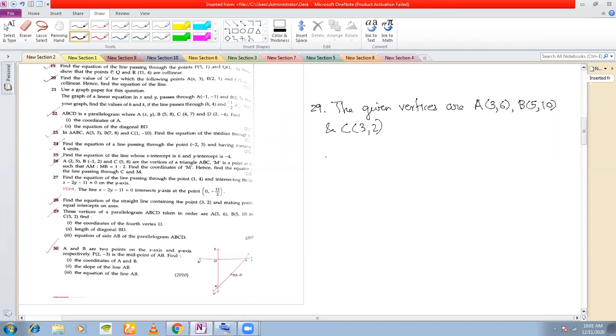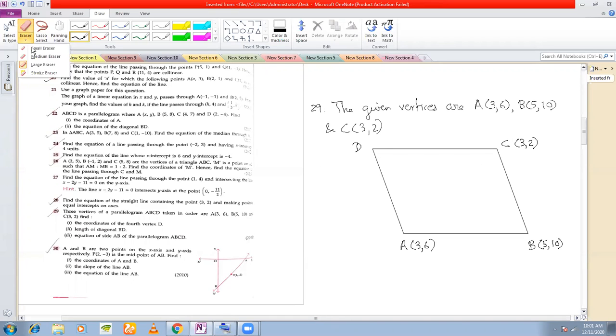The first question is the coordinates of the fourth vertex D. So you have this parallelogram, and you need to find out the coordinates of this vertex.